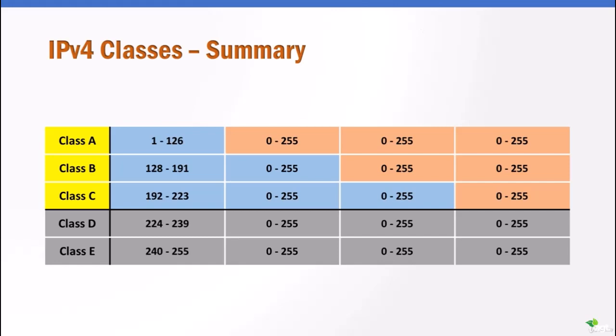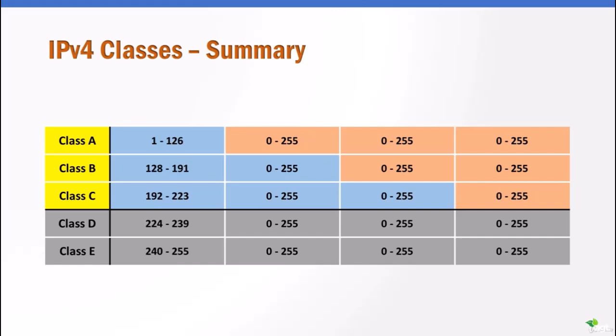Class A addresses, or rather the first octet of class A addresses, ranges from 1 to 126. Then we skip 127, which is reserved for loopback, and class B starts at 128 and ends at 191. Class C begins at 192 and ends at 223.